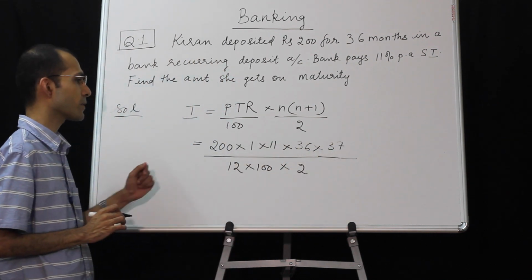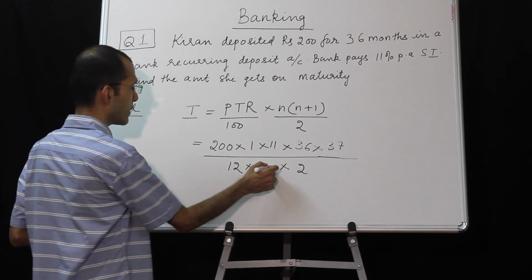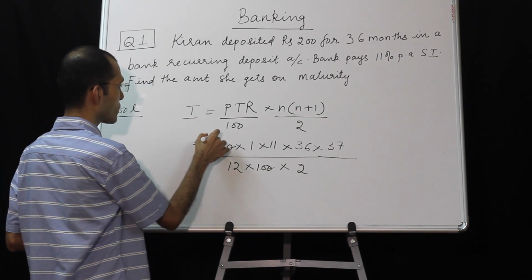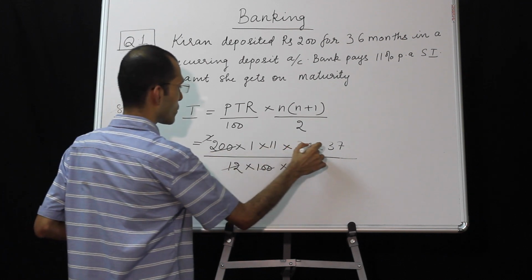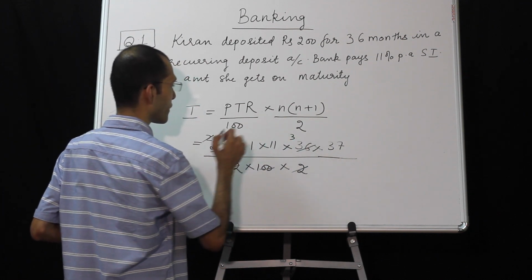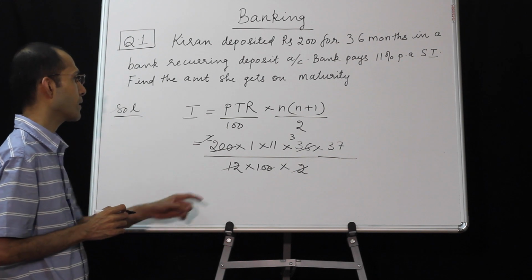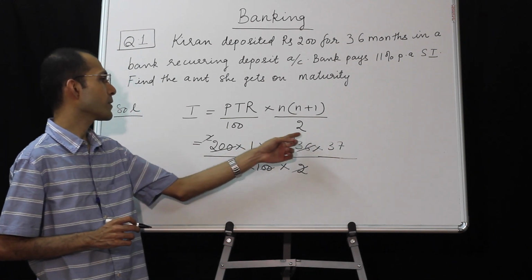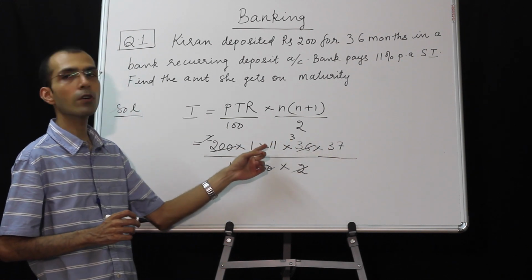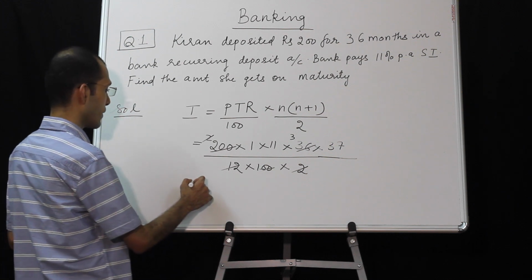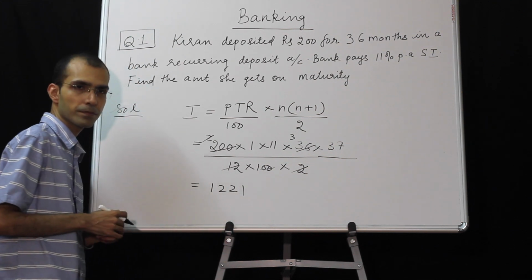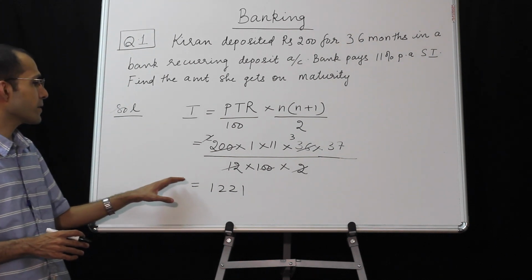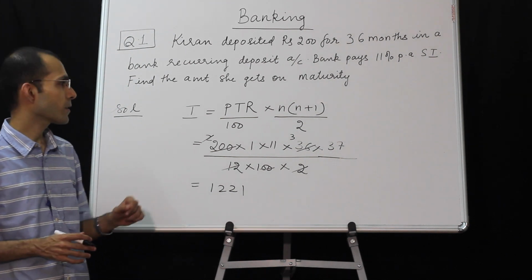We'll have to see what things are getting cancelled. 100 2s are, 2 and 2 will get cancelled. 12 3s are. So we have 37 into 3 into 11, which works out to be 1221. So the interest is 1221.